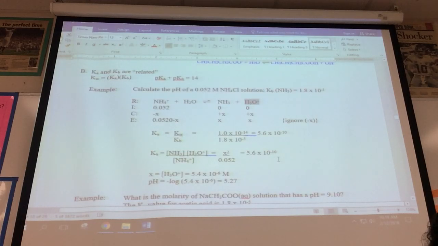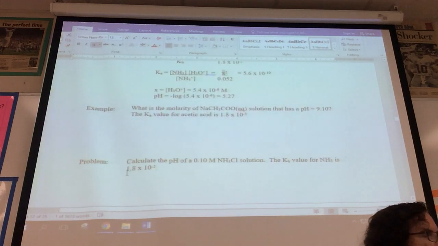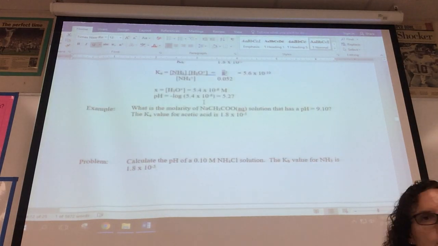So is that going to be for a Ka or a Kb? Ka, and that's why you have to first get the Ka. This is going to be critically important in a subsequent section. Once you have your Ka value, then you plug and chug. You get the hydronium ion concentration, which is X. pH is equal to negative log of the hydronium ion concentration. Let's try the example together, and I'll leave you with the problem.